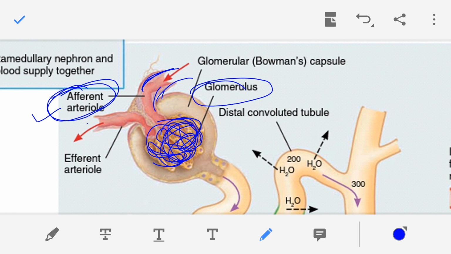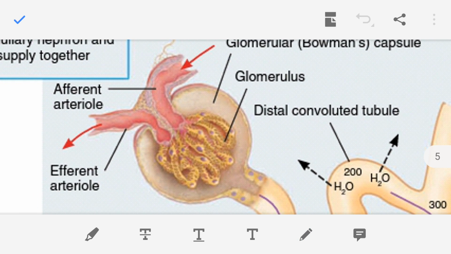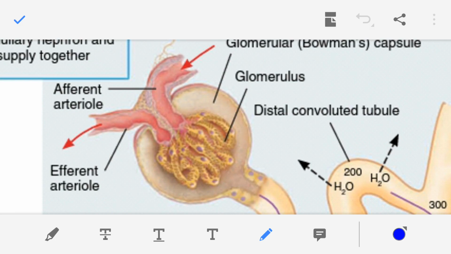These capillaries join together and open into the efferent arteriole. So there is a huge difference when we compare the diameter of the afferent arteriole, the capillary and the efferent arteriole.